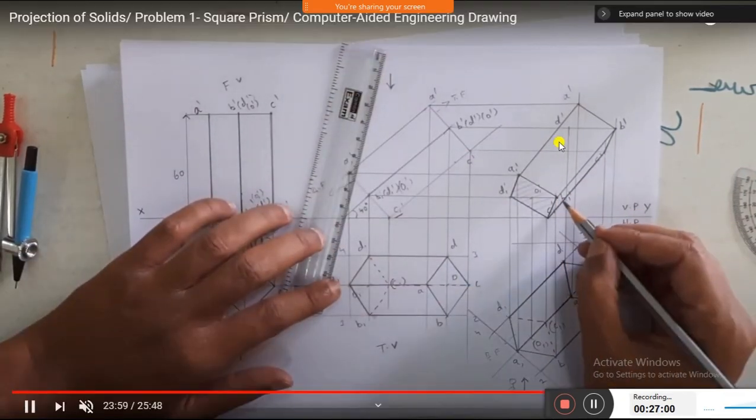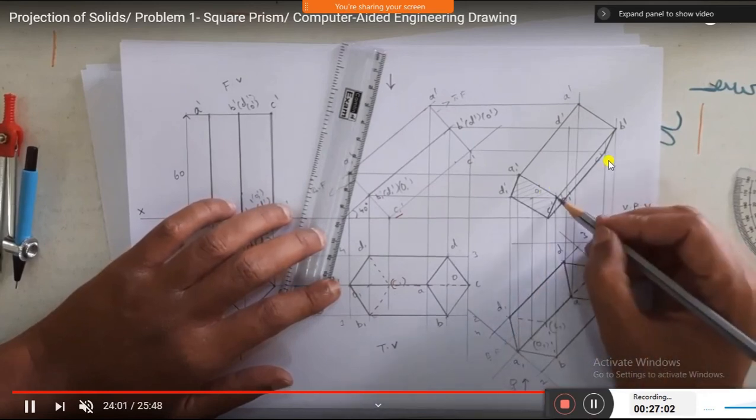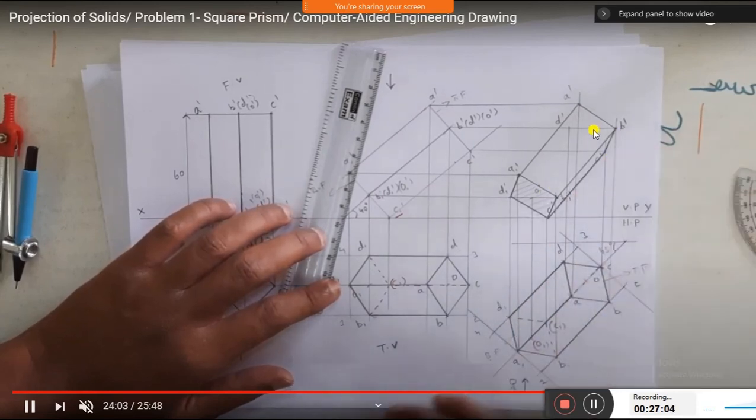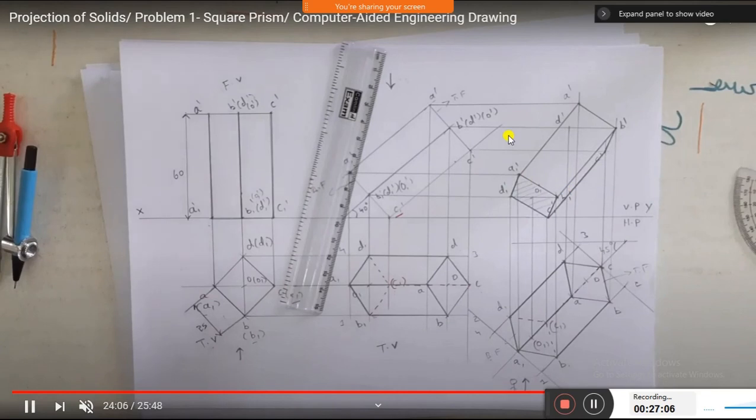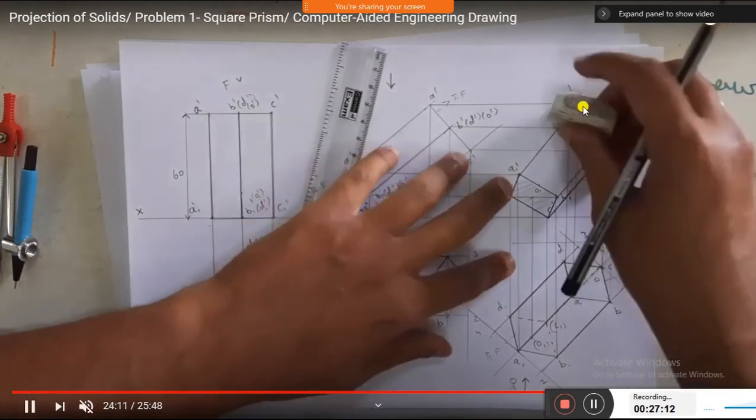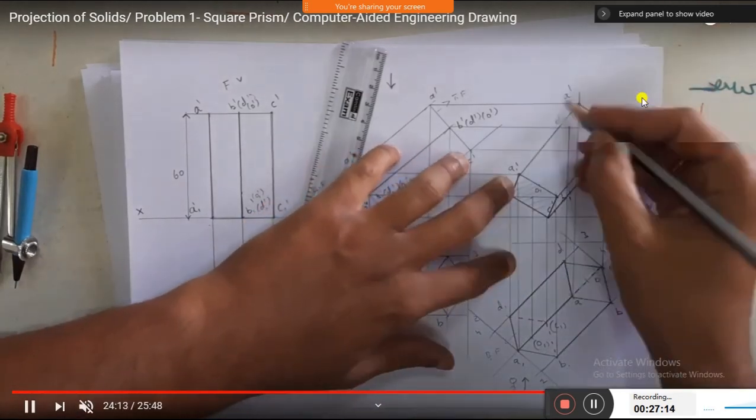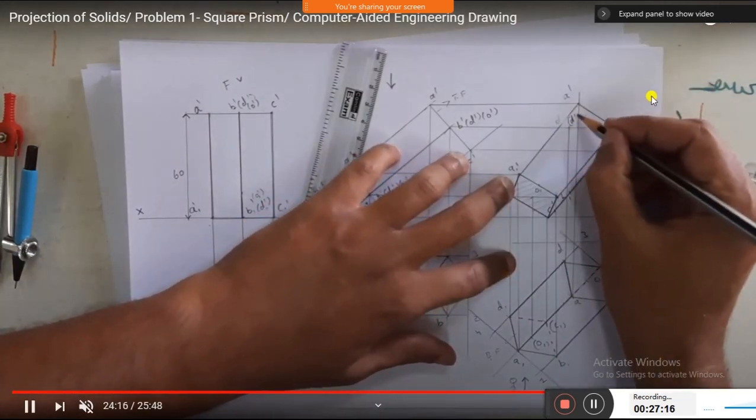But this prism has 6 faces, and the other 3 faces are not visible. That is the bottom face, this side face, and this back face. They are not visible, and these faces are represented by a dotted line.